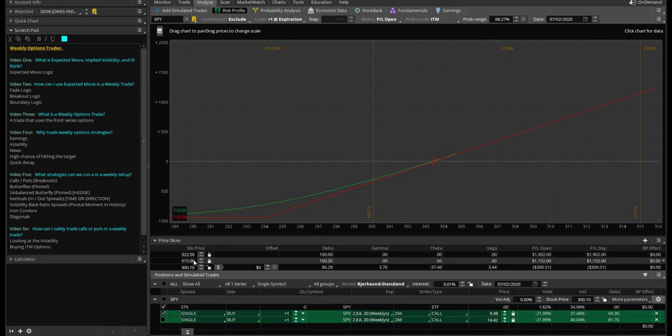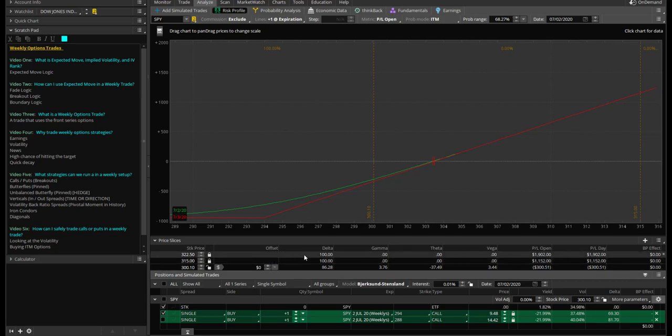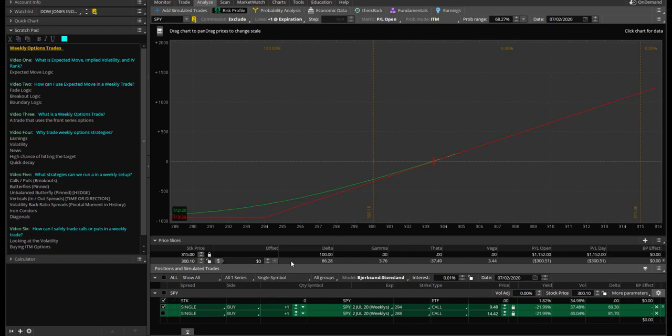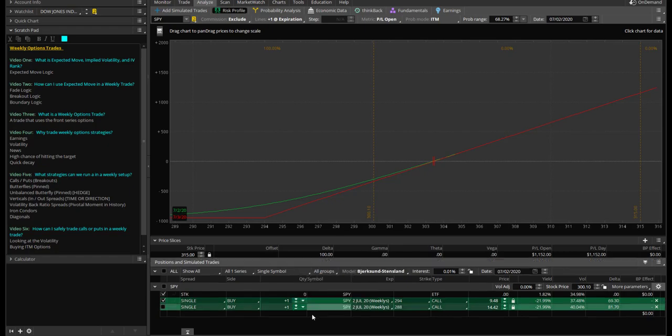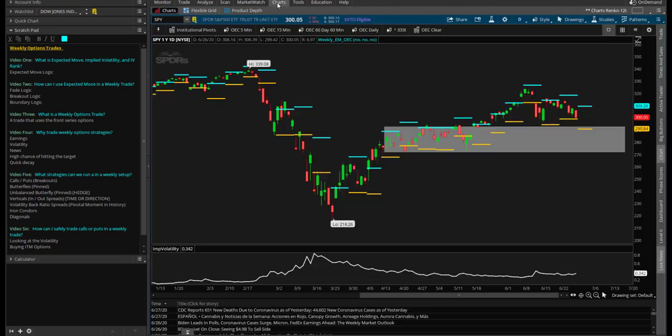Okay, so let's look at that 315. We're going to get rid of the 22.5. The only one that we want to focus on is that 315. The 315 would put us right at the top of this range, right? It's still a breakout of the expected move, but it's at the top of that range. That's what we're going to look at.